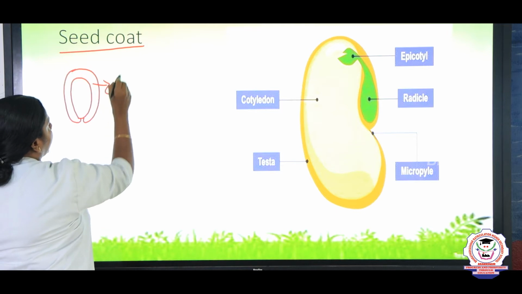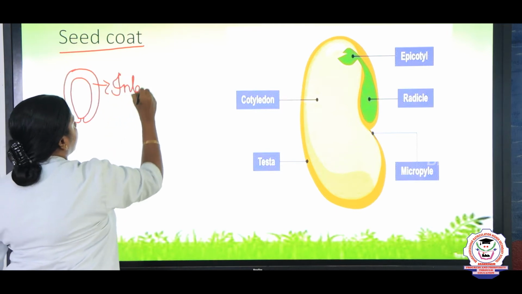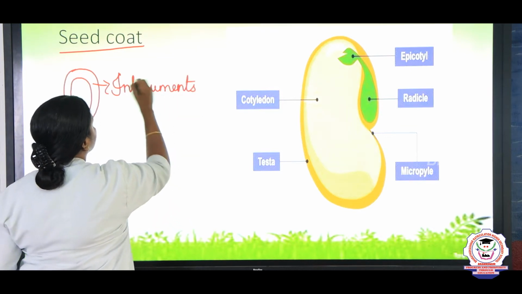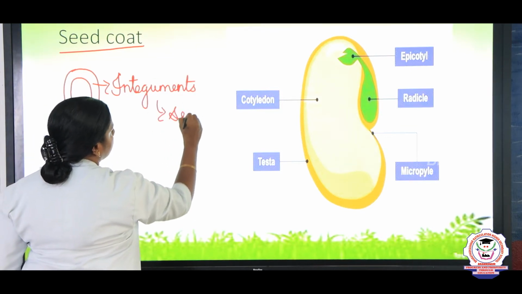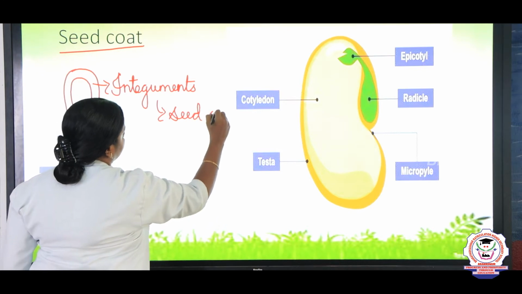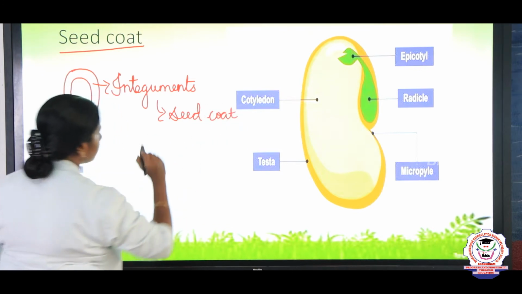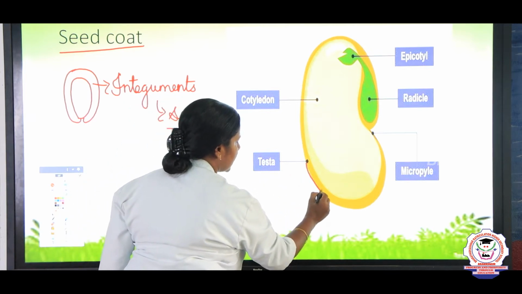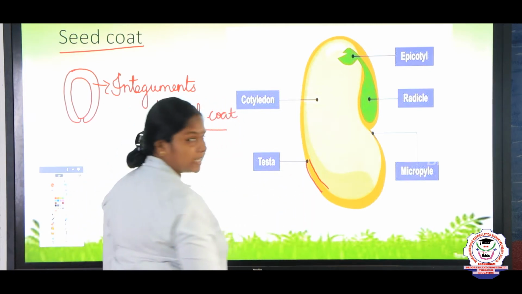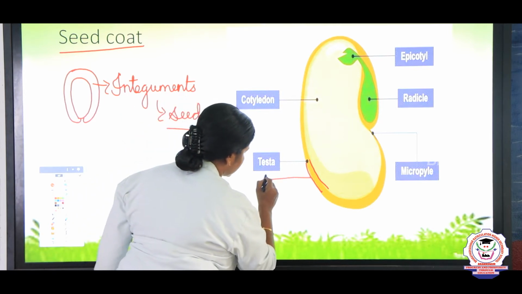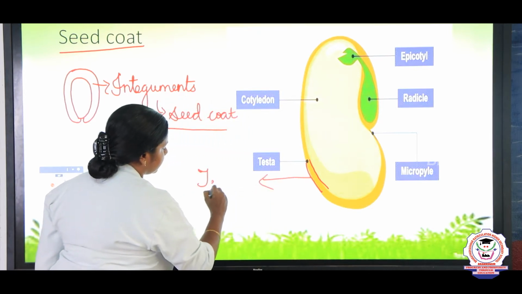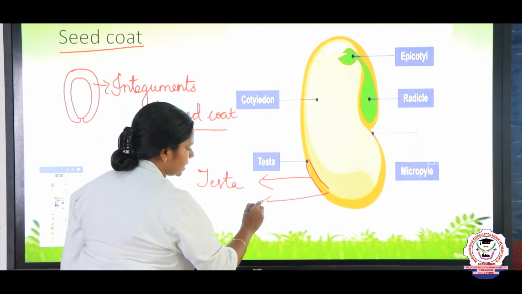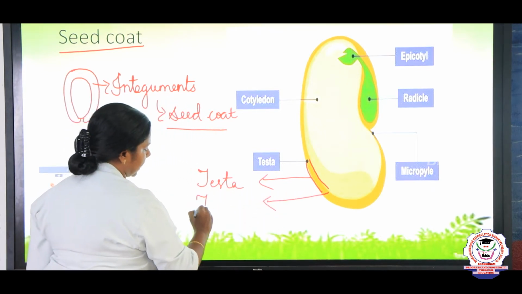These integuments develop into the seed coat, and seed coat is of 2 types. The outermost layer is a testa and the innermost covering is a tegmen. So, what is the outermost layer children? Testa. The outermost covering we call it as testa and the innermost covering we say it as tegmen.